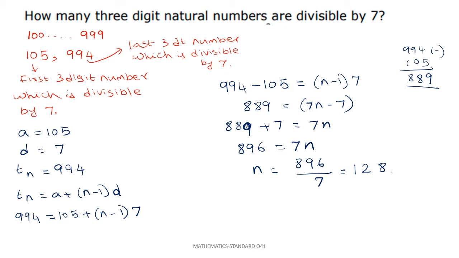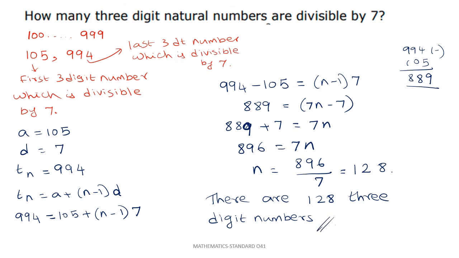So there are 128 three-digit numbers. Okay, this is the answer.